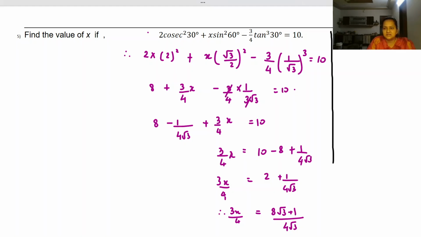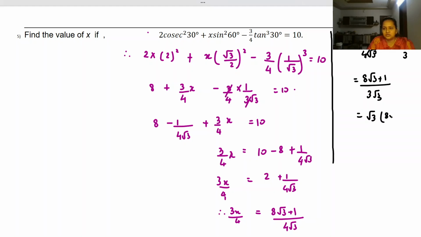We shall rationalize it. I'll leave the x here. I have 8 root 3 plus 1 upon 4 root 3 into, the 4 goes in the numerator and 3 comes down in the denominator. 4 gets cancelled. We have 8 root 3 plus 1 upon 3 root 3. When we rationalize the denominator, we multiply with root 3, no?